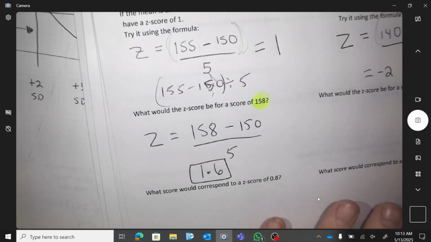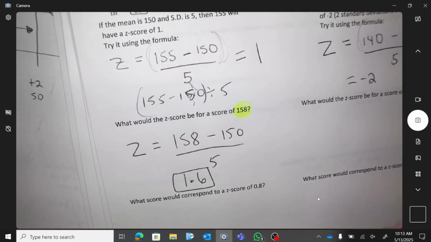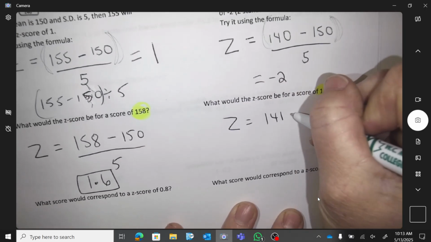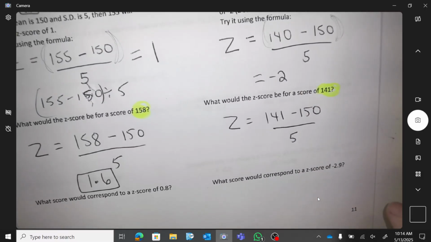Okay, so 141. Let's get a z-score. So Z equals 141, subtract the average, over the standard deviation. Do you remember this? That's going to be negative. Why? Because 141 is worse than the average person, so it's going to be a negative number.